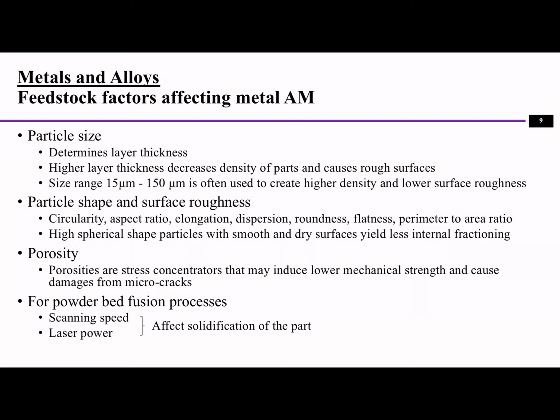And if some other particle shape, it will create more porosity because it's not well condensed. And some of the shape factors, for example, the aspect ratio, elongation, dispersion, roundness, flatness, perimeter to area ratio are also going to affect the particle shape. And for the porosities, the porosity inside of the structure are actually stress concentrators.